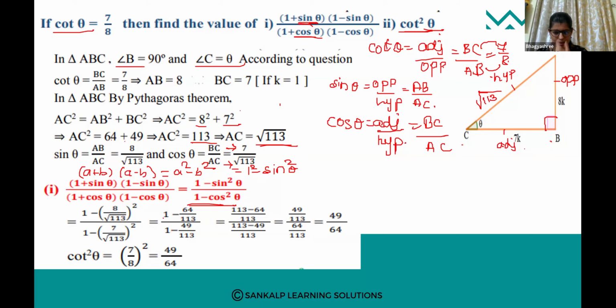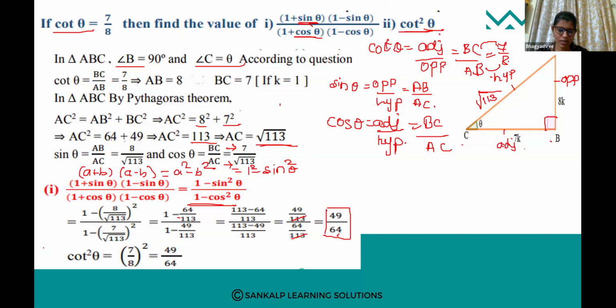So now do cross multiplication. 113 minus 64 divided by 113, divided by 113 minus 49 divided by 113. 113 and 113 will get cancelled. 49 divided by 64 will remain. This is the value of 1 plus sin theta into 1 minus sin theta divided by 1 plus cos theta into 1 minus cos theta.